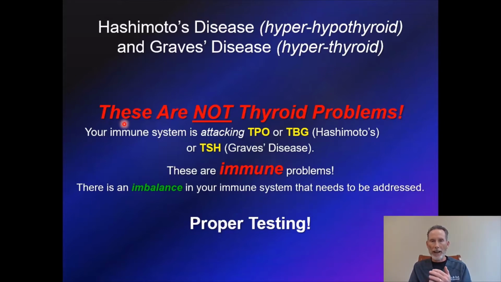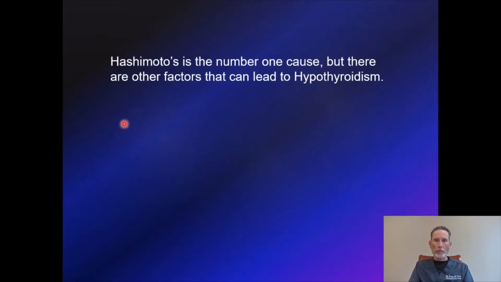So the attack and the damage goes on, and she just ends up with the same symptoms, even though she takes the hormone. And by the way, that's what happens with a lot of thyroid patients. So proper testing is the key, remembering that most of them are autoimmune and that autoimmune is an immune system problem. It results in a thyroid problem, but it starts because of an immune system problem. So that's number one, as I just said.